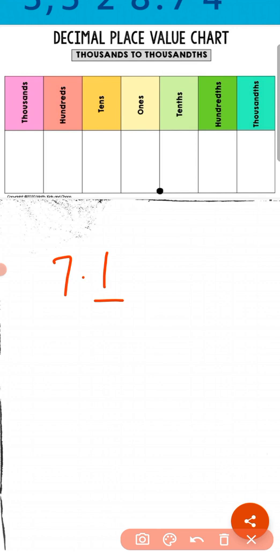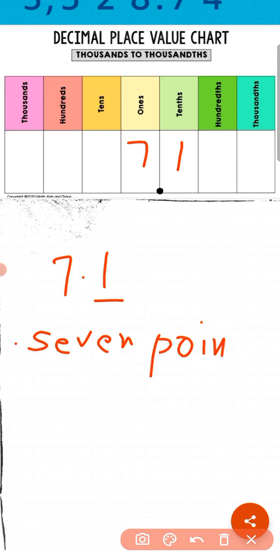Now, we can write this in the given place value chart. 7 is in ones place and 1 is in tenths place. Read this as 7.1.